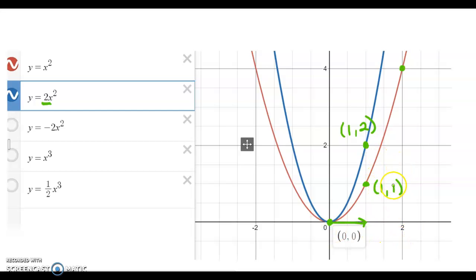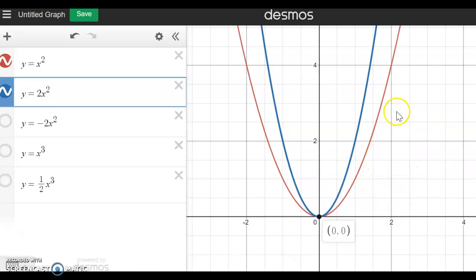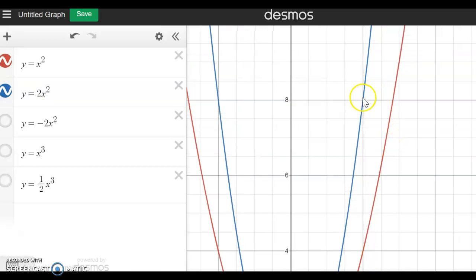If we look at this graph, at an x value of 2 for our blue graph, instead of 2, 4, now we're at 2, 8.